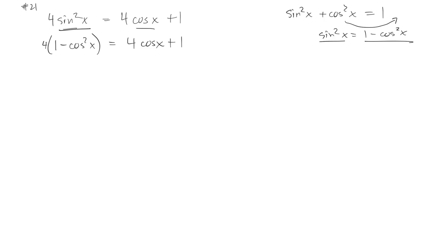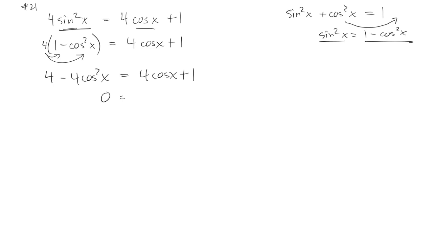Okay, now I just have cosines and it's a quadratic, so I need to get things together. Let's distribute this. So I'm going to have 4 minus 4 cos squared x equals 4 cos x plus 1. Now, let's move everything over to the right side so this becomes positive. So it'll be 0 on the left side.